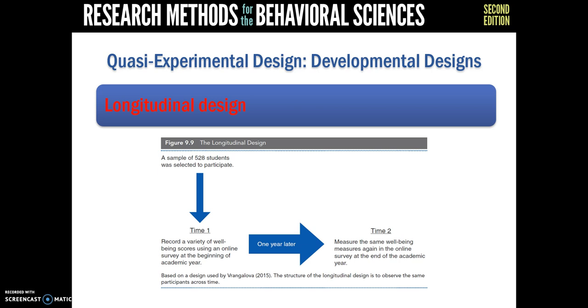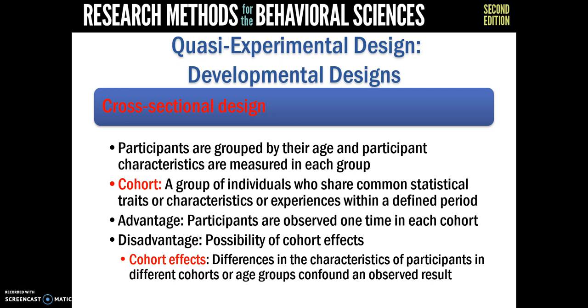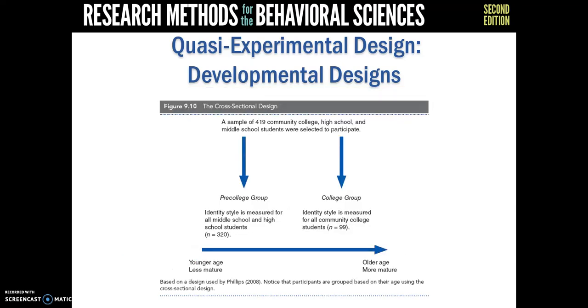Could be like you study from the beginning of college all the way until you graduate, or high school, or even from kindergarten all the way to high school, to see the differences. Cross-sectional design means you're testing with different cohorts, looking at different cultures, different aspects, looking at all the possibilities from different characteristics. So you're testing across multicultural groups.